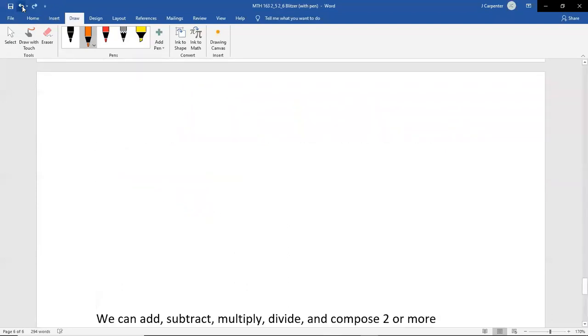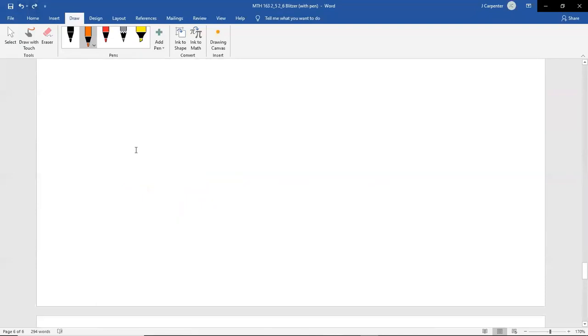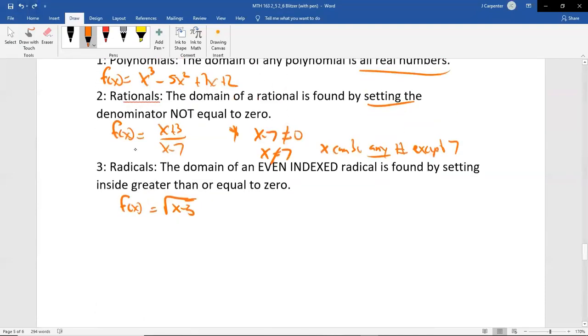So it's not just x can't be negative, it's the inside can't be negative. So we basically just ignore the square root and set the inside bigger than or equal to 0, solve that, and boom, you've got your domain.